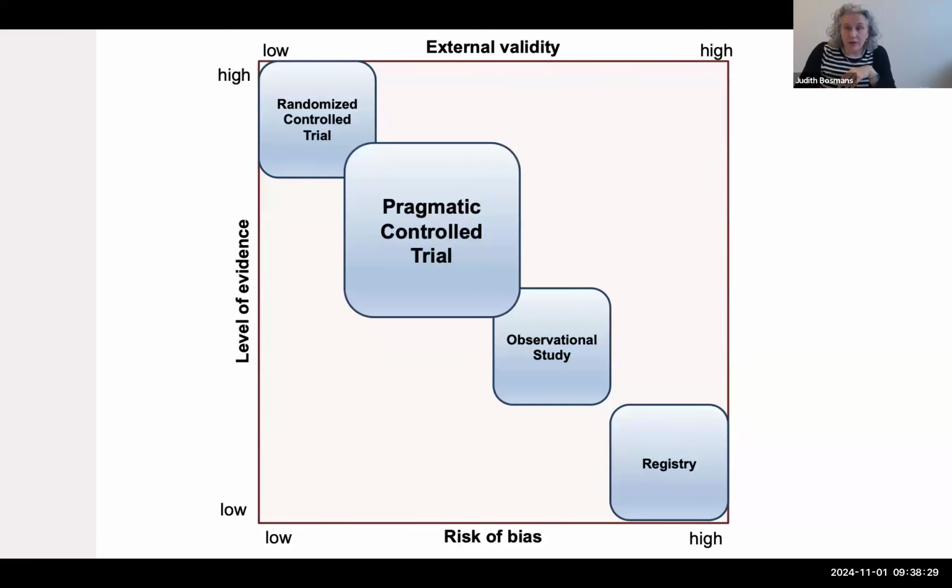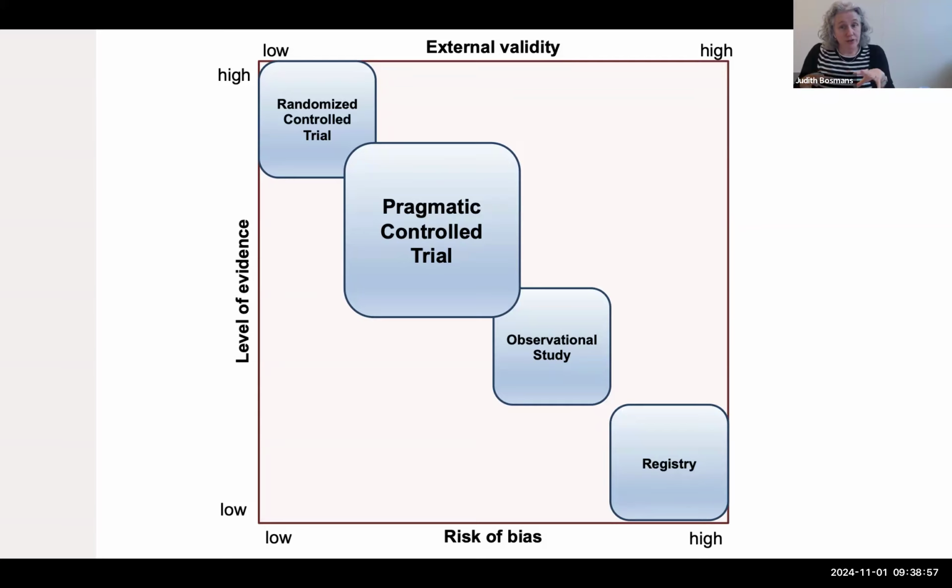And a solution to this problem is to conduct a pragmatic controlled trial. So then you conduct a randomized controlled trial. So you keep the distinguishing aspect, the randomization, which makes causal inference much easier, but you try to resemble actual clinical practice as much as possible in your trial.